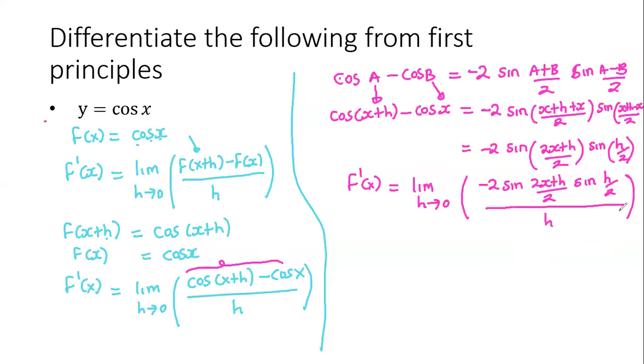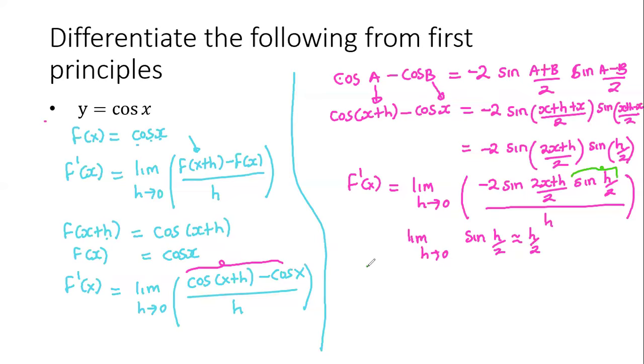Now, at this point, you have to remember that in limits, as h tends to 0, sine of h out of 2 is approximately h out of 2, the angle. So where you have sine, that's what you place. That's what you need to know.